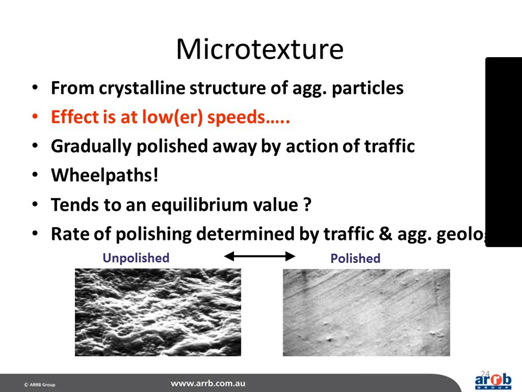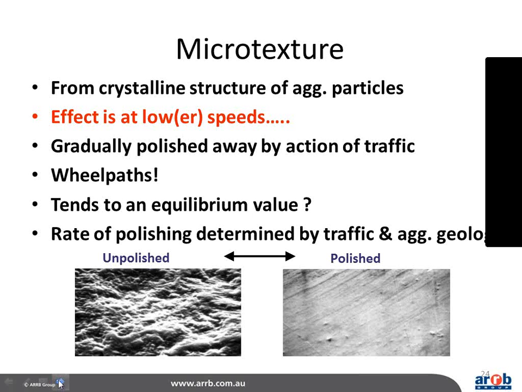And that comes from the aggregate geology, what it's made up of, the minerals that it's made up of. Once it gets trafficked, it starts to polish, and as you can see on the right there, that's the microscopic picture of the polished state. And the rate at which it gets from the picture on the left to the picture on the right is determined by the traffic, the volumes and the type of traffic.